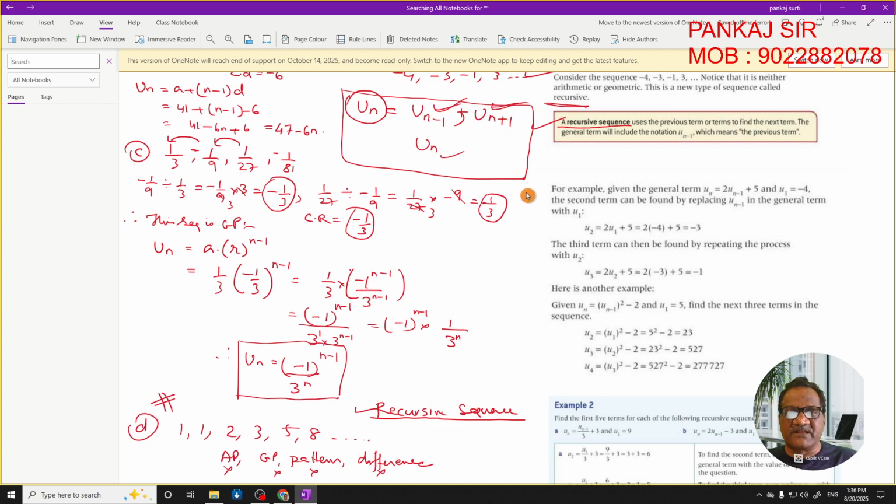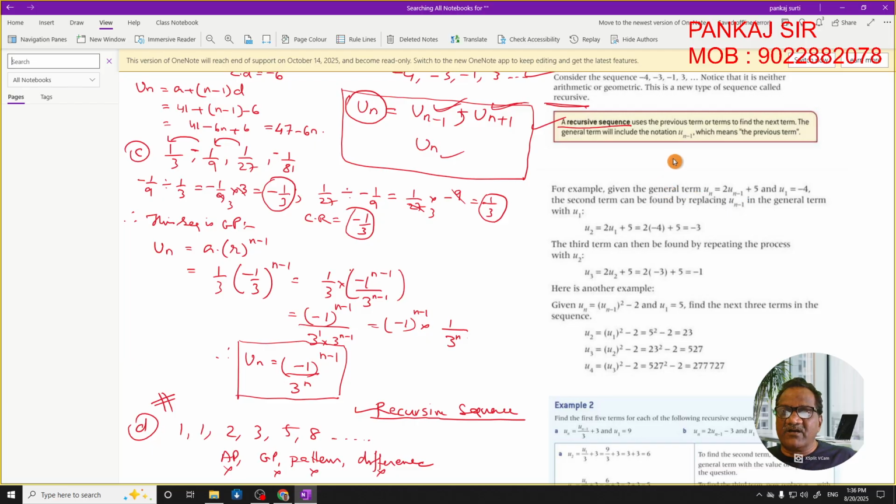So basically, what is a recursive sequence? It is a relationship between the previous and the successive terms, but the relationship will be in terms of the general term.